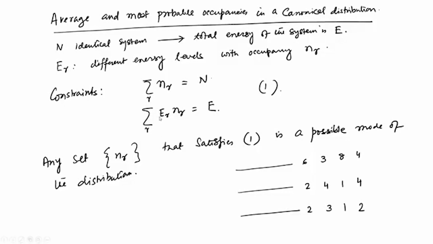Okay. And the possible modes of this distribution we can write with this curly bracket {N_R}. It means something.